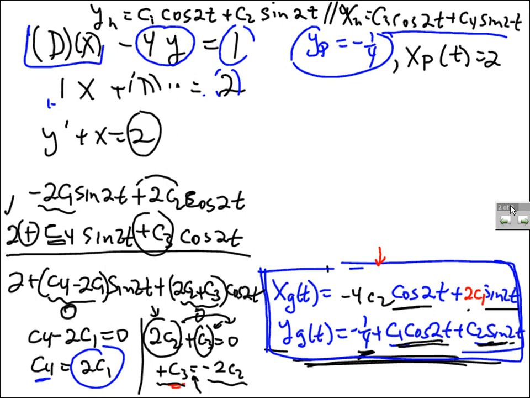I wrote x and y only using c1 and c2. x uses c1 and c2 only as constants, and y only uses c1 and c2 as constants. That finishes that problem.